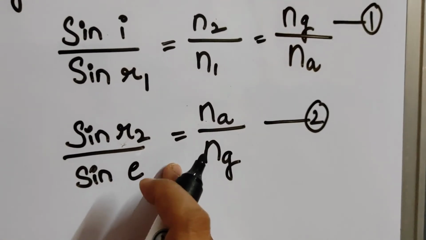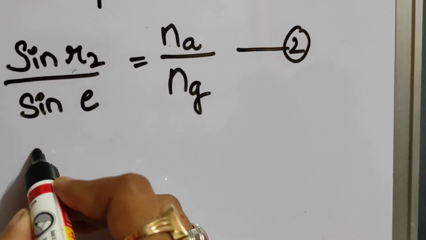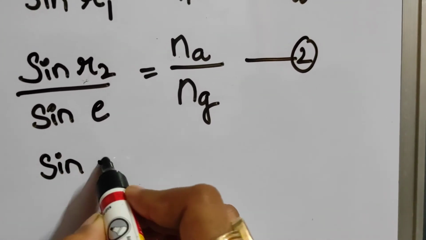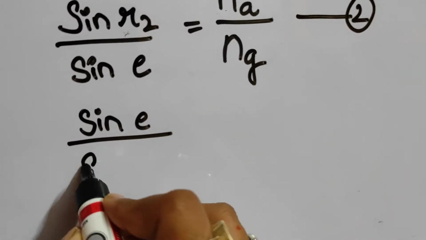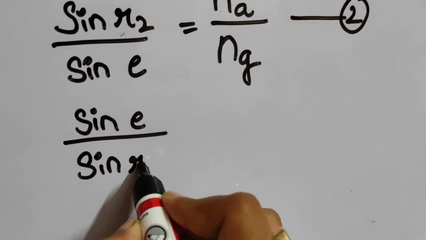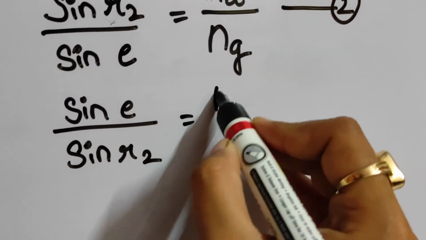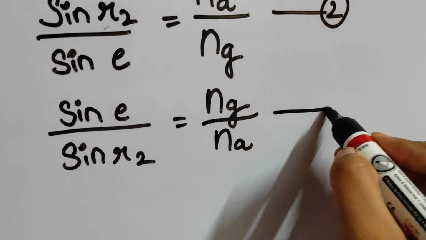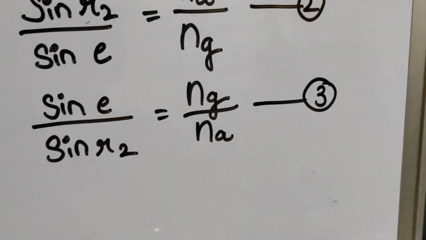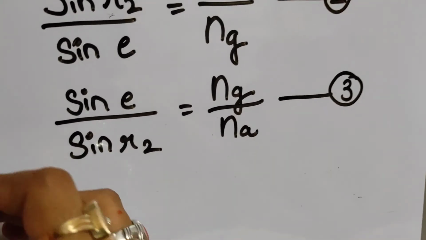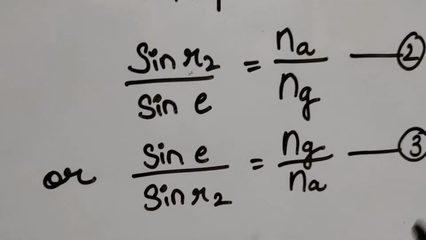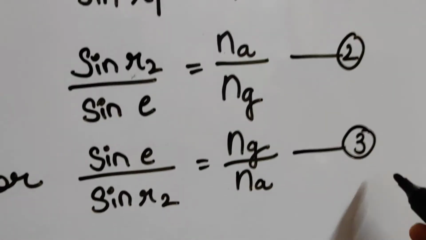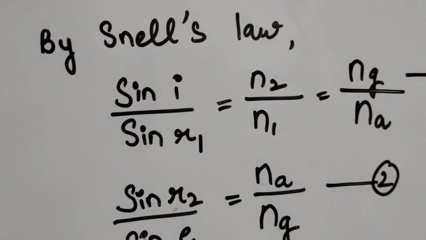Now if we rearrange this, we will get sine e upon sine r2 is equal to ng upon na. Let us mark this as 3. Now, by using 1 and 3, why are we using these?